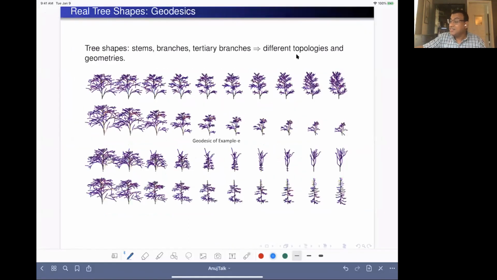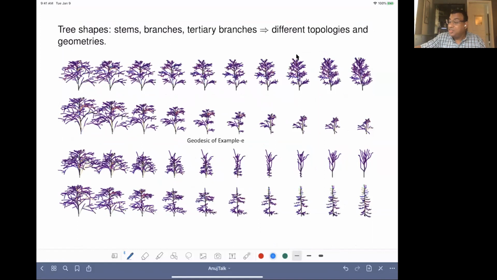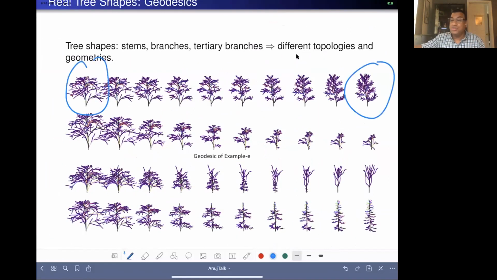Here is another example of matching trees. In fact, I want to show you some videos of these trees. Just to set up the problem, the botanists use laser scanners to give us 3D models of trees. They're asking the question, how to compare shapes of these full trees.